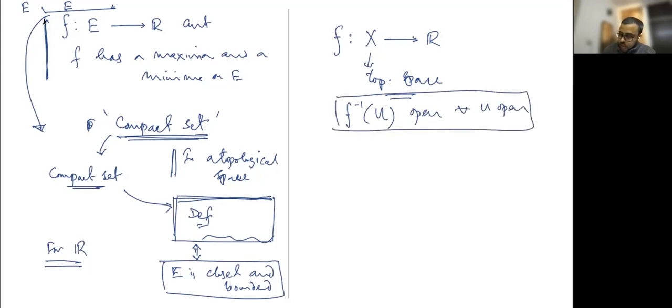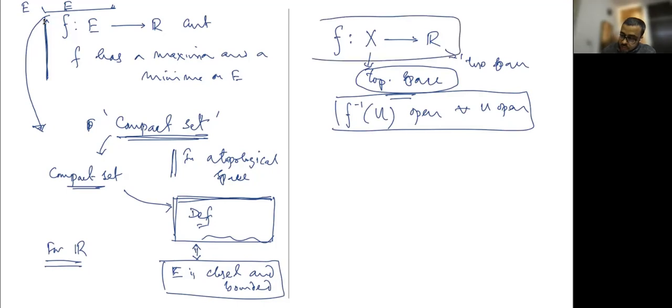That is how one defines a continuous function from a general topological space to R or another topological space, where you don't have the notion of a distance necessarily.